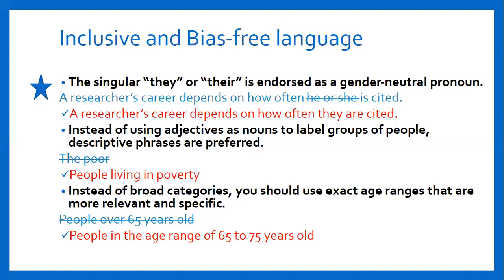Another one is, rather than using broad categories to group people together, you should use exact age ranges that are more relevant and specific. So rather than saying people over 65 years of age, you would say people in the age range of 65 to 75 years old. Again, the manual has a lot more guidance on writing in an inclusive and bias-free way.